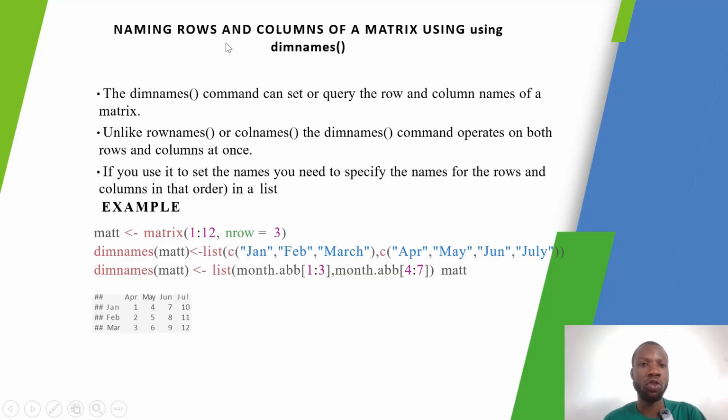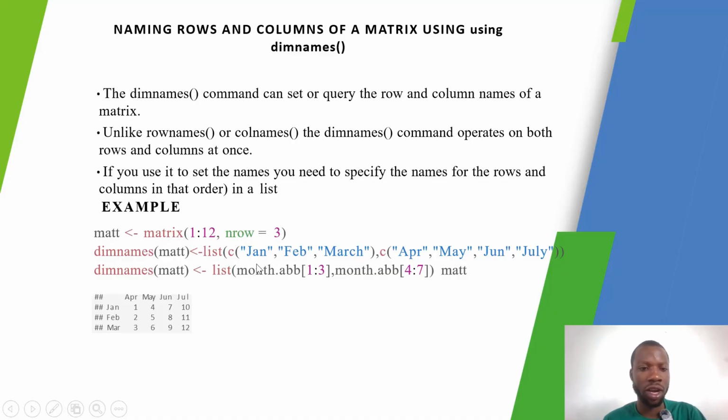Again, we are naming the rows and the columns of a matrix using dimension names. The dimnames command can set the row and column names of the matrix, and we can also retrieve the row names and the column names. We can use dimnames instead of using rownames and colnames.